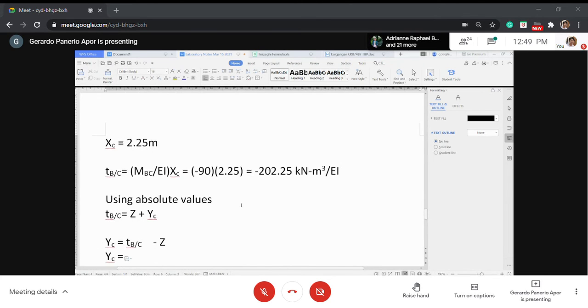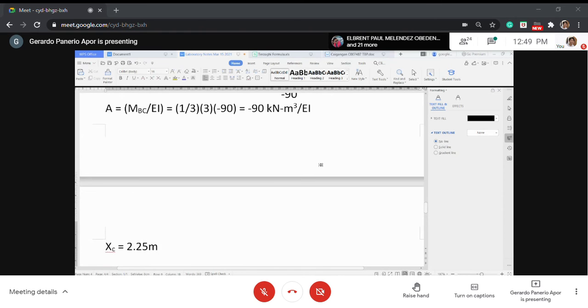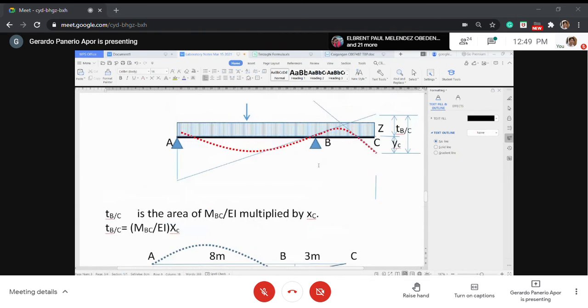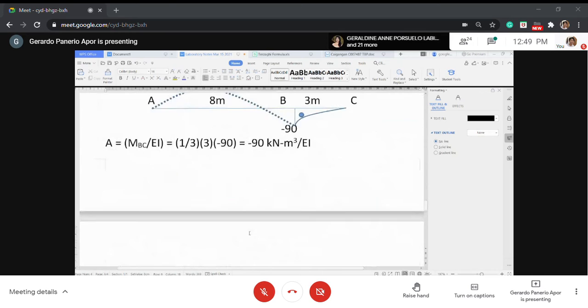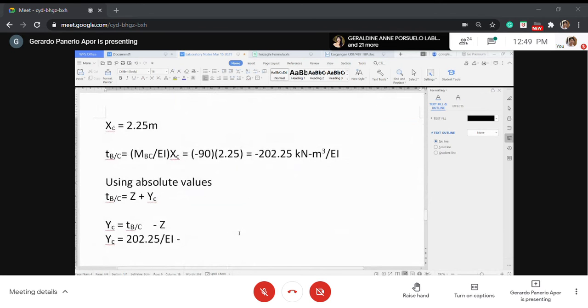YC is equals to, I will use 202.25 over EI minus 4060 over EI.